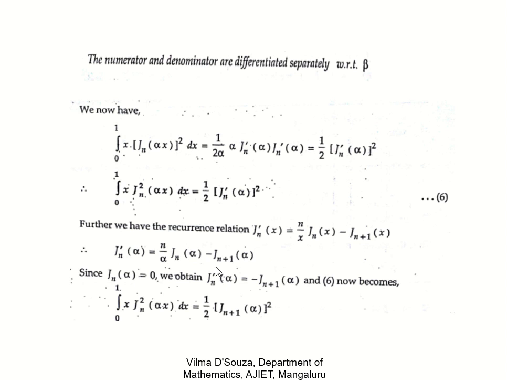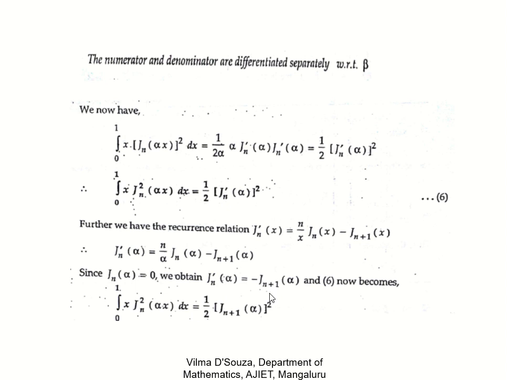So you replace Jn dash of alpha as minus Jn plus 1 of alpha in this equation 6. So you will get integral 0 to 1 x into Jn square of alpha x dx, left hand side as it is, equal to half into, what is Jn dash of alpha? Minus Jn plus 1 of alpha.